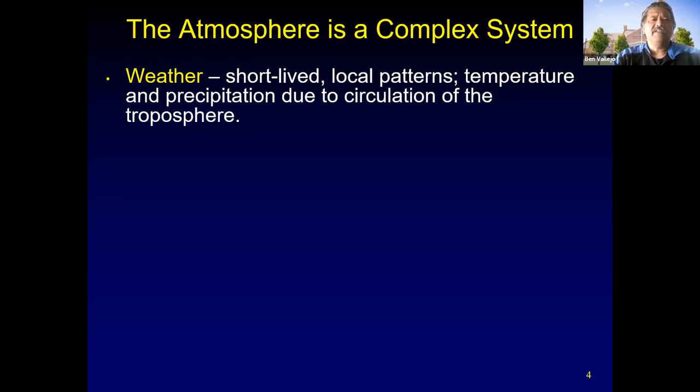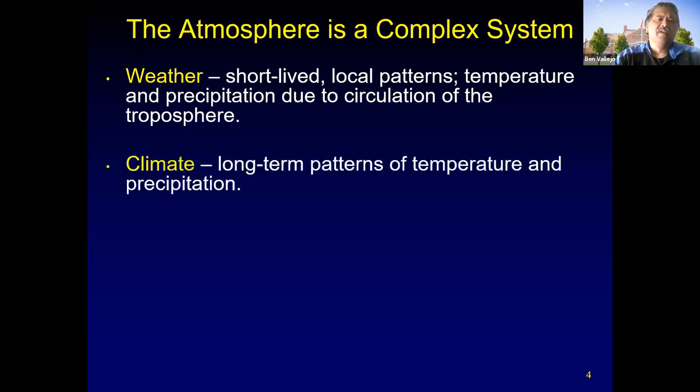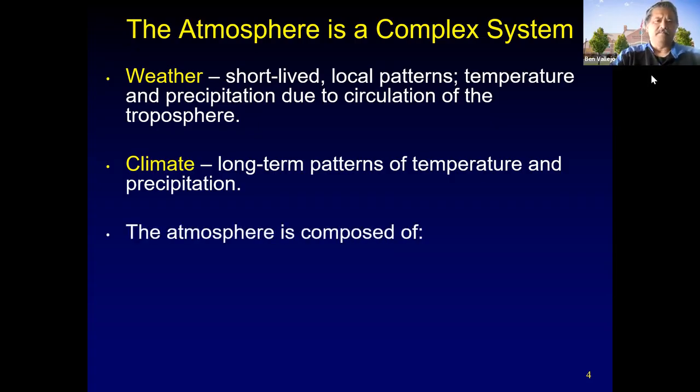So weather is temperature and precipitation due to circulation of the air in the first layer, the troposphere, whereas climate is long-term patterns, not short-term, but long-term patterns of temperature and precipitation. So weather is what you experience on a day-to-day basis, but climate is what your expectations might be on a yearly basis or even in a multi-year schedule.